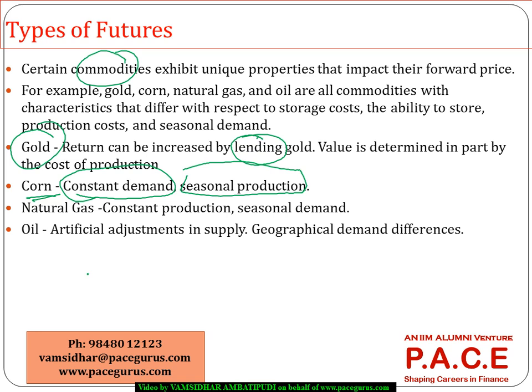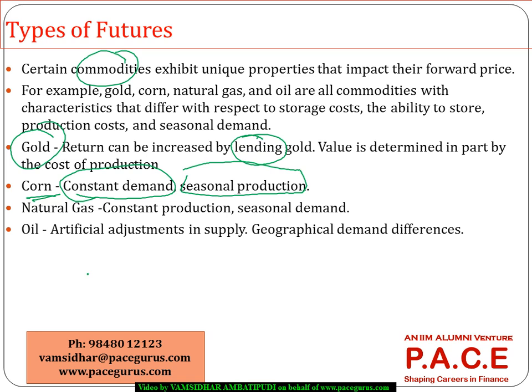How does the corn price get affected? It is produced only in a particular season, but if it is used across the year, some storage has to happen. So probably let's assume January and July are the production months, just for example, or probably only winter is the production month.